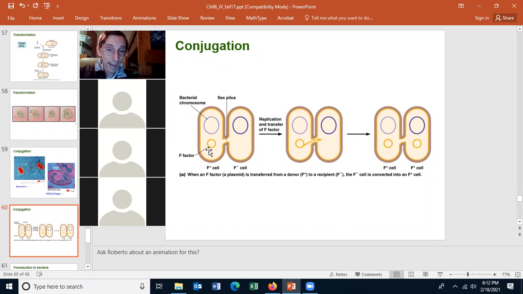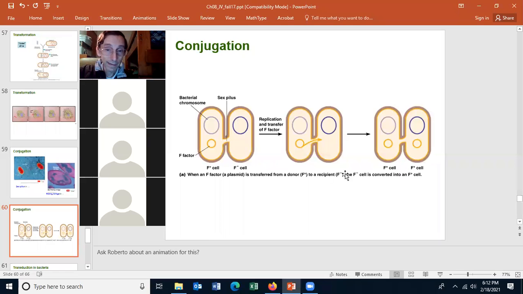The F plasmid can replicate itself and then send one copy of the F plasmid from this cell into that cell. And there we're seeing it moving from this cell into that cell. And now both cells have the F plasmid in them.